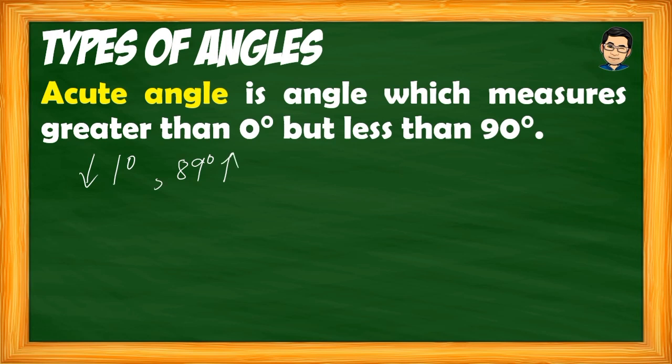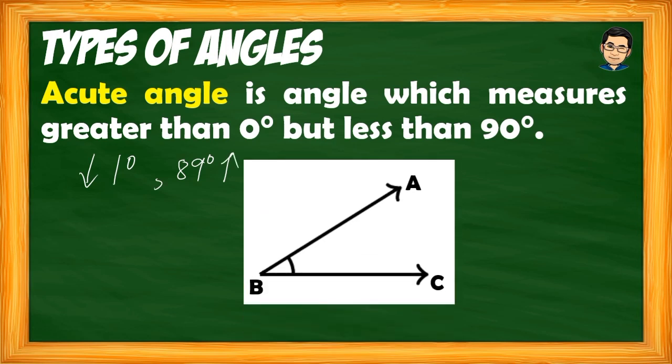Ayan. So, anong itsura ng acute angle? Ayan po. So, as you can see, meron pong 3 letters na nakasulat, naka-attach po sa angle. It's because we use 3 letters in order to name an angle. O kaya naman po yung tinatawag na vertex, na kung saan yung ray AB, nag-meet sila ng ray CB dun sa vertex.